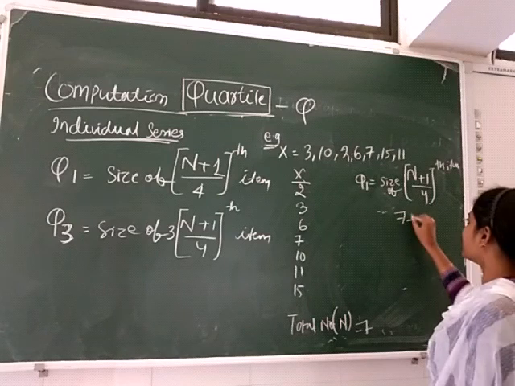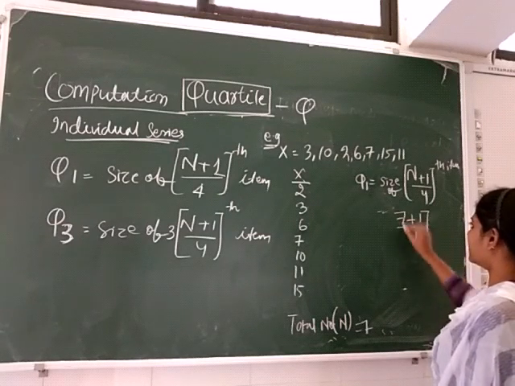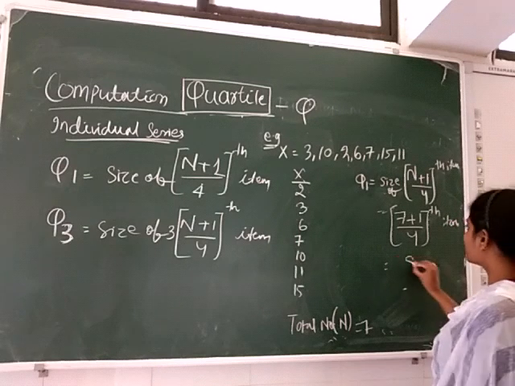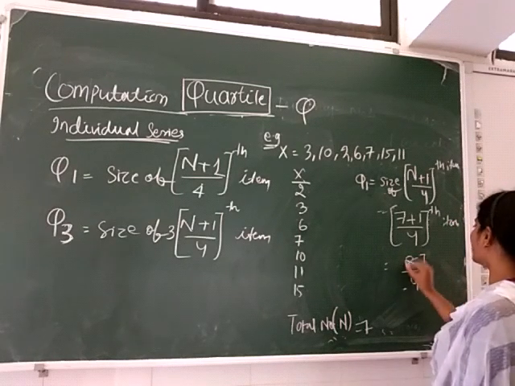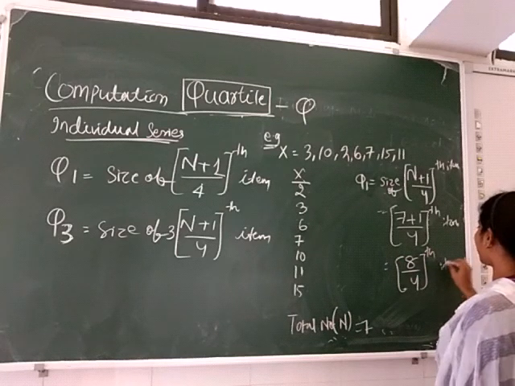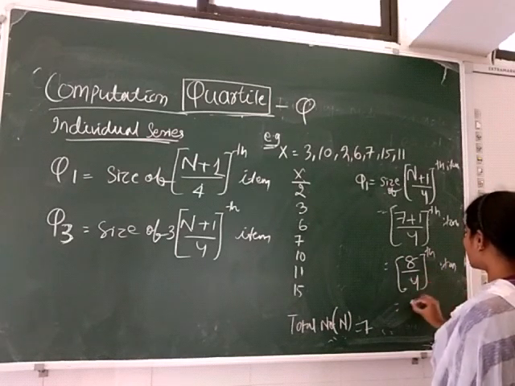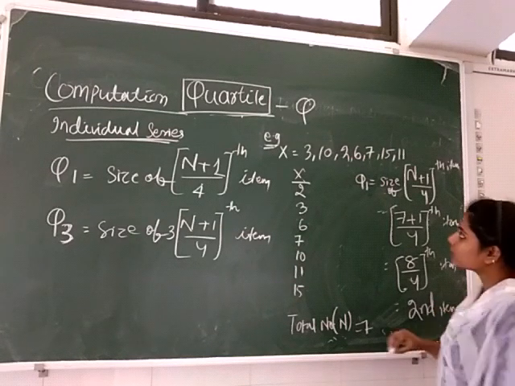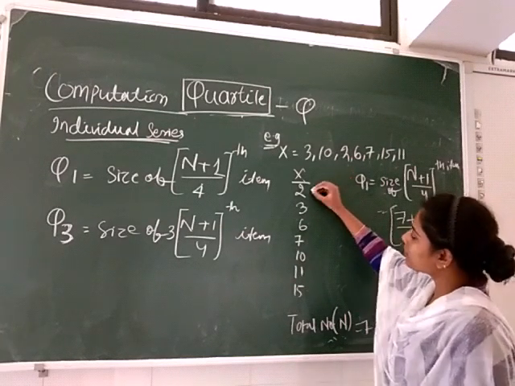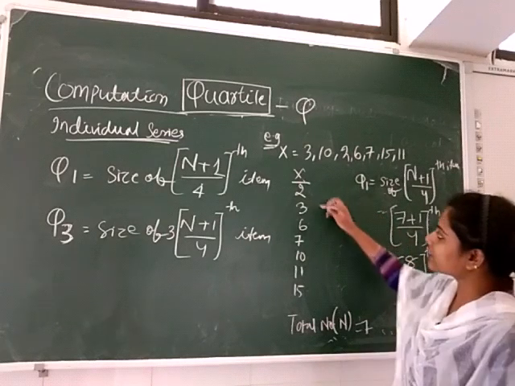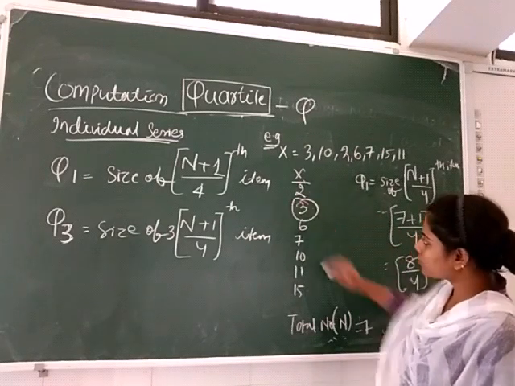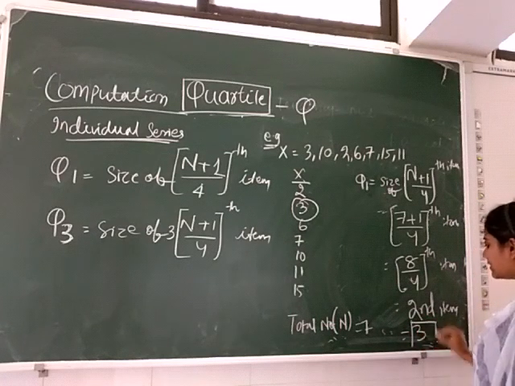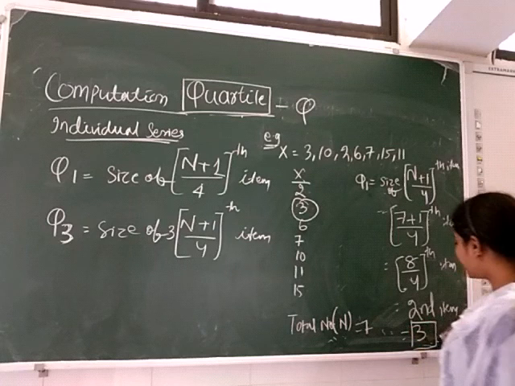So that means 7 plus 1 by 4th item. So this will be 8 by 4th item, and this is second item. Now we calculate second item in the series, that is 1, 2. So the second position of the series is 3, and the answer of first quartile will be 3.